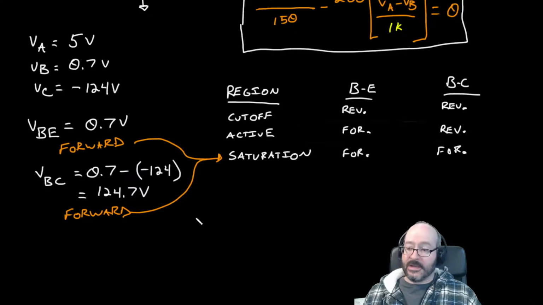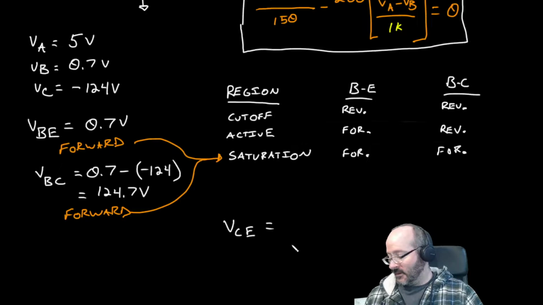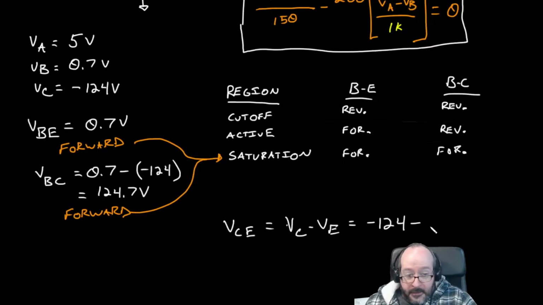The other way we can look at this is to ask what's VCE? That's the other way that we can check the region of operation. So VCE is equal to VC minus VE, which is equal to negative 124 minus 0, also known as negative 124 volts.